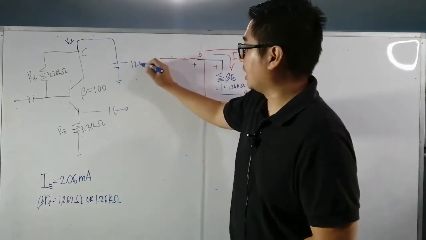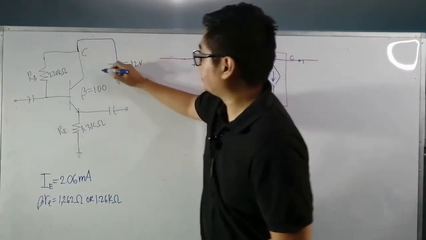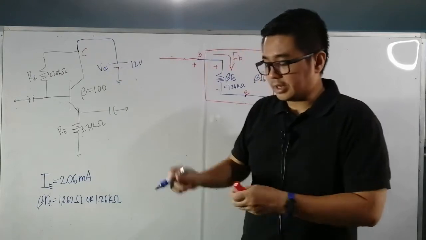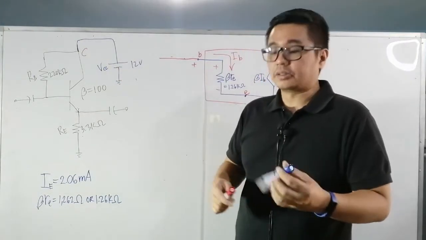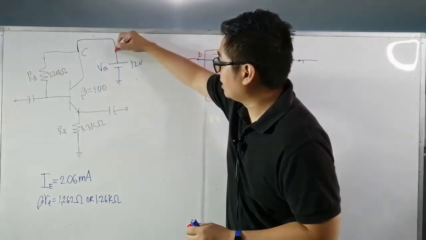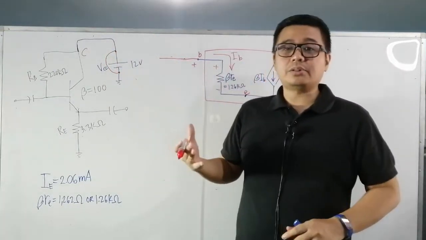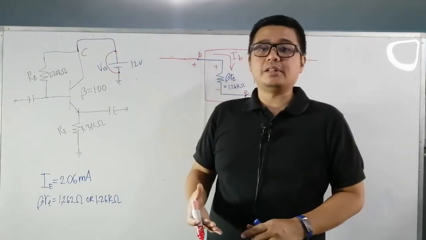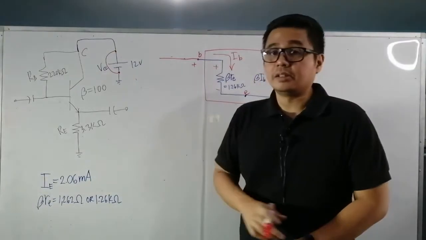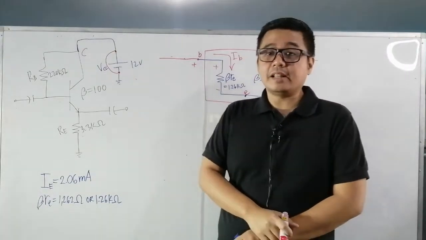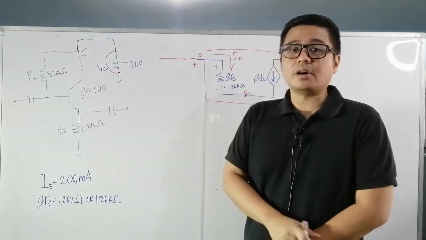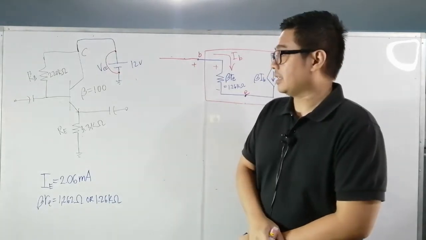We have 12 volts na VCC. Next is we're going to short out the terminals of VCC para ma-zero out ang ating DC source. You do not do this in real life, you do not short out the terminals of a power supply in real life. This is just done for computational purposes.